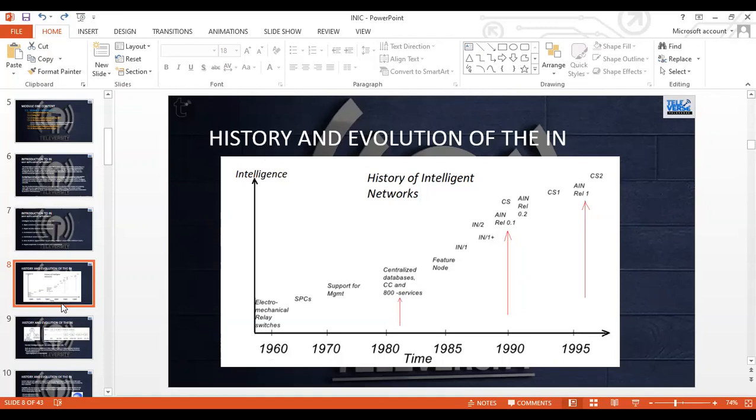What do I mean by it wasn't modular? It's more or less you could not have a service logic that can be deployed for different services. A typical example, if you are calling a toll-free number, let's say 800, and you have an SPC which is handling only 800, the service logic is on 800.